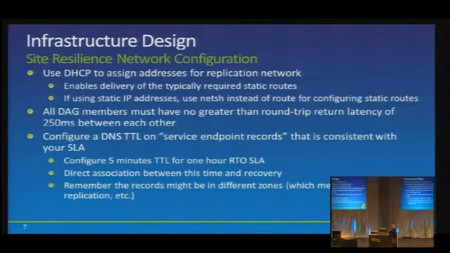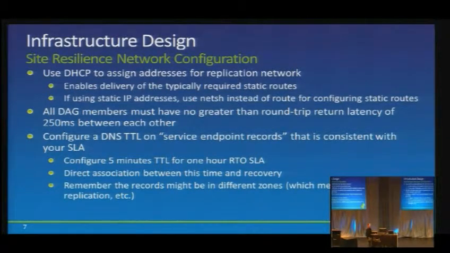Now, a couple of the other things you're going to want to do are around DNS records. You're going to have namespaces, and we'll talk about what those namespaces are, but you'll have namespaces in each of your data centers. The names that users connect to for SMTP, for Outlook Web App, for Outlook Anywhere, and so forth. These namespaces will have DNS entries, and it's extremely important in a site resilience configuration that the time to live on those DNS entries be as short as possible.